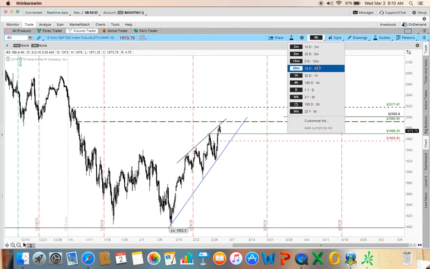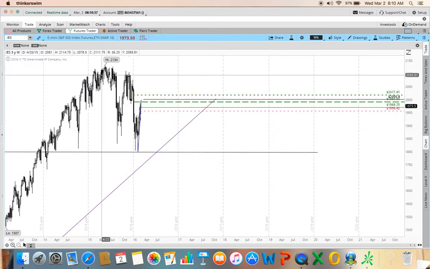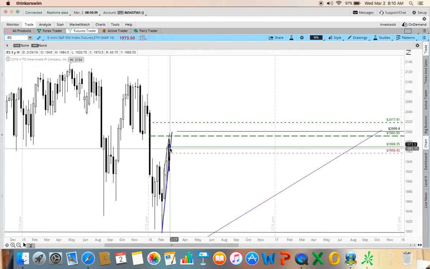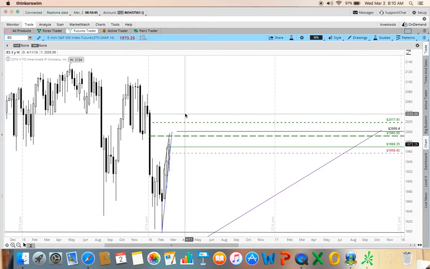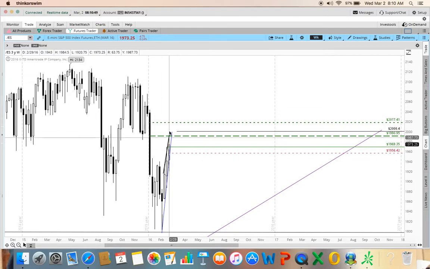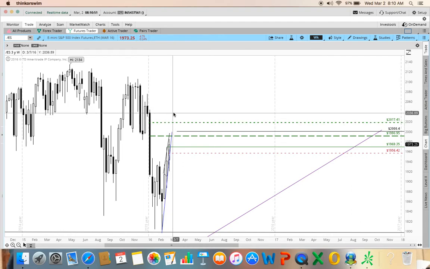Let me show you the weekly chart. From a weekly chart, if we see a bigger picture, we are going for the target, which is 2038. We are going for this target to poke through this and test whether we go higher or lower. We have a resistance here.